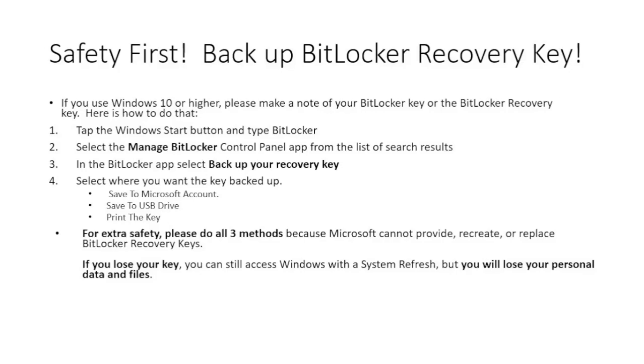You're going to select the Manage BitLocker control panel app from the list of search results. In the BitLocker app, you're going to select Backup Your Recovery Key. You're going to select where you want the key to be backed up and how you want it to be backed up. You can choose to save to the Microsoft account, save to the USB drive, or print the key.